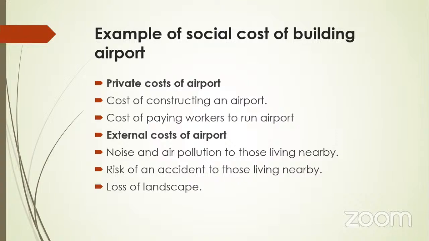More often than not, every time we compute a cost, whether individual or public, we never compute the social costs. Any activity involves a set of social costs. There is no activity which does not, because the human being is a social animal. So anything one does involves a social cost.